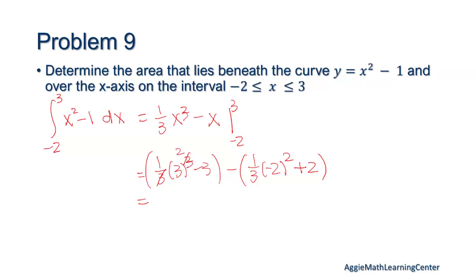So then we'll have just 3 squared, which gives us 9 minus 3. And then -2 squared is 4, so we'll have 4/3 plus 2. This side will be 6, and then the 2 to add to the 4/3, that's the same as 6/3, so that we can add those fractions together.